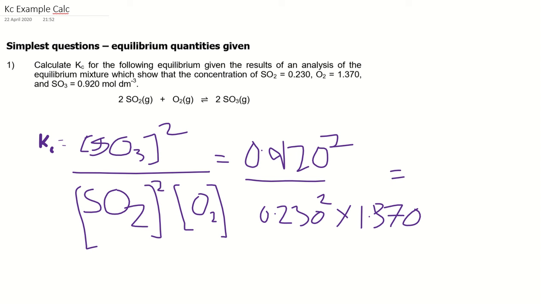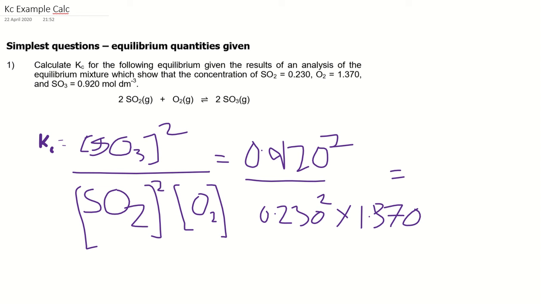Now, little hint for if you have some questionable writing or tend to make transcription errors where you write something down wrong and then copy it through: if you've just written down values that are in the question anyway, when you look at your calculator, don't copy down what you've written, copy down what's in the question in the first place. So I'm putting 0.920, I'm going to square that.